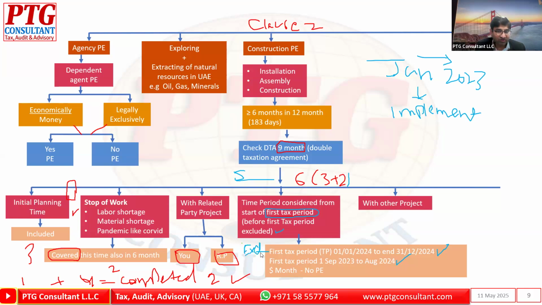If the tax period is from September to August, then we have to consider accordingly. City law is saying whatever the company's financial year is will be treated as the accounting period.